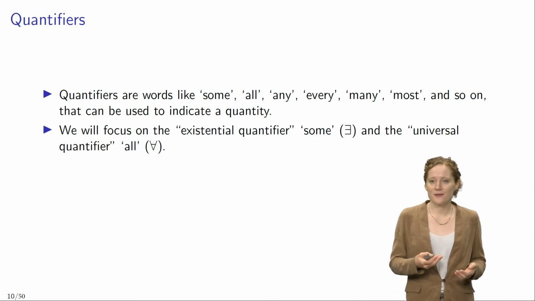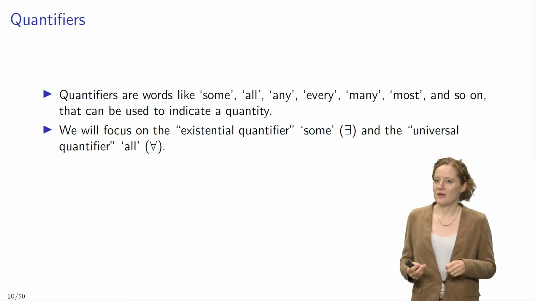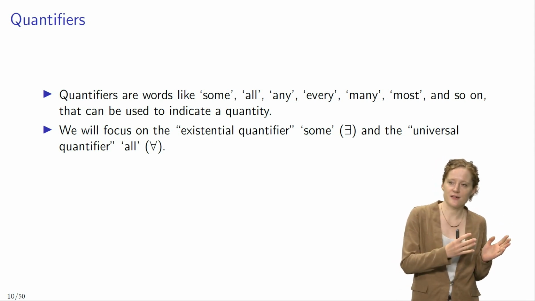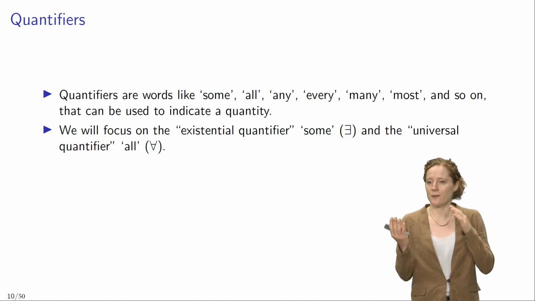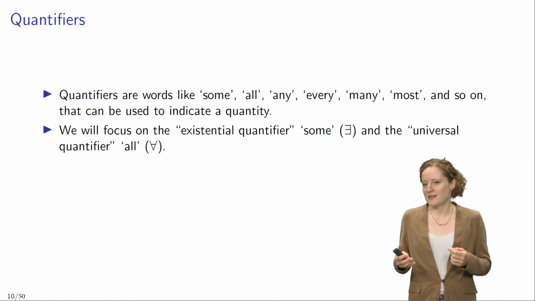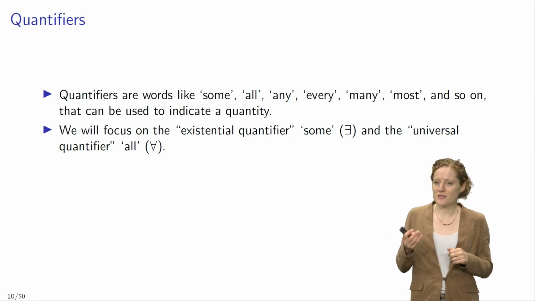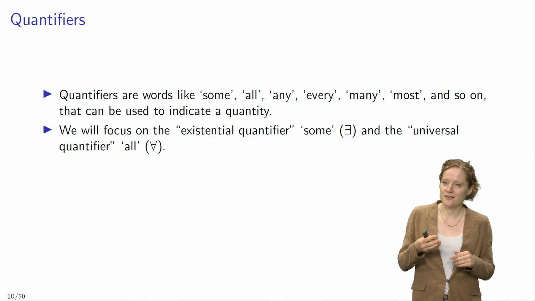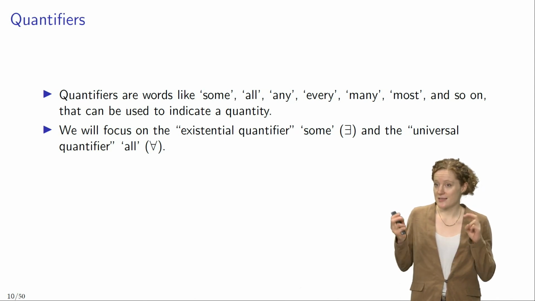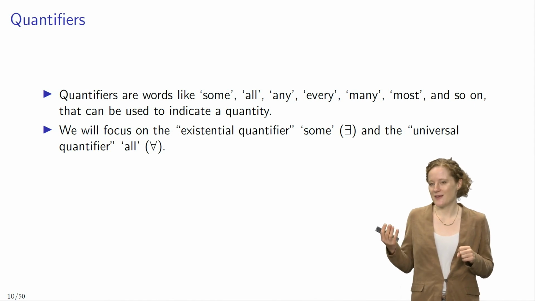In FOL, we will focus on just two quantifiers, meaning the existential quantifier, represented by the backward E, and the universal quantifier, represented by the upside down A. And we want to use the existential quantifier to represent the English word some, and the universal quantifier to represent the English word all or for all.